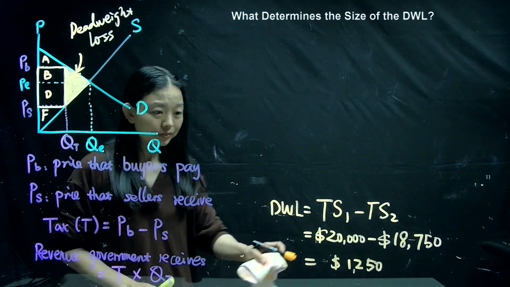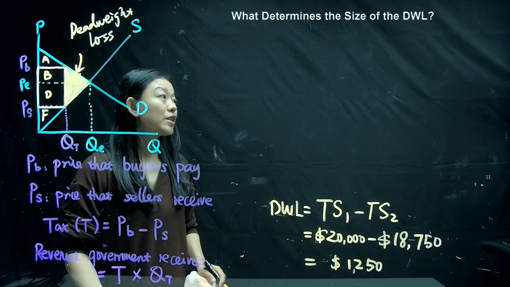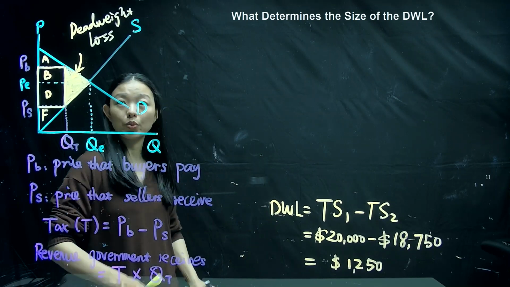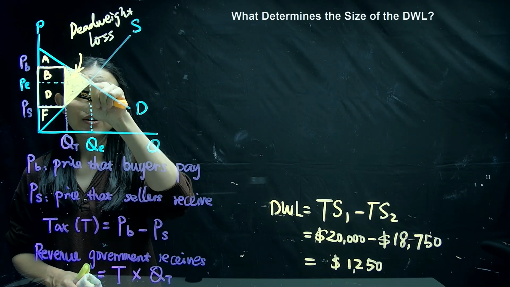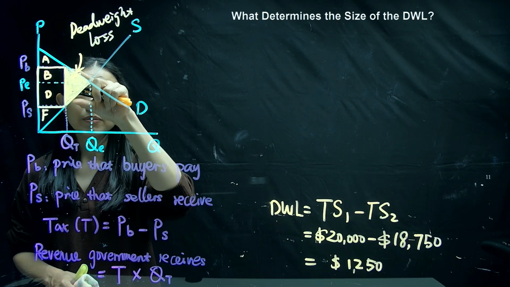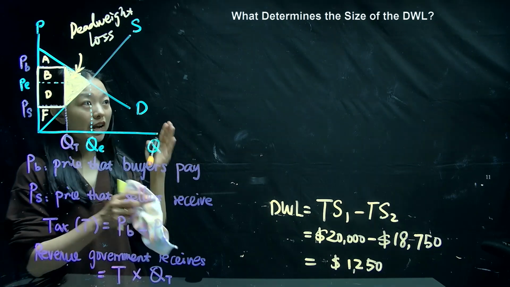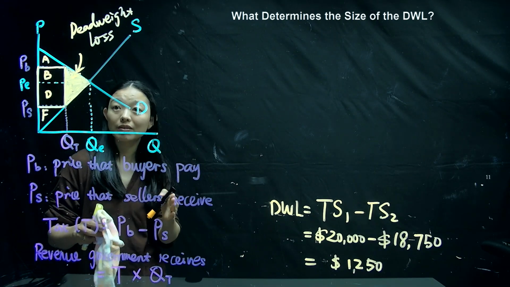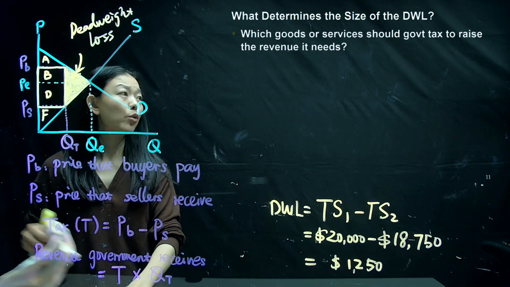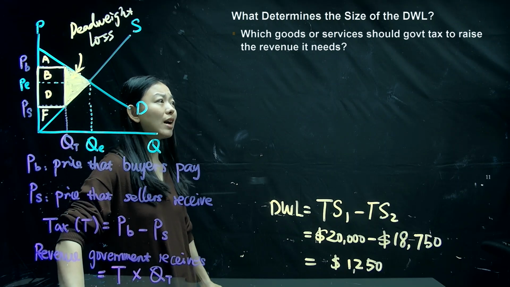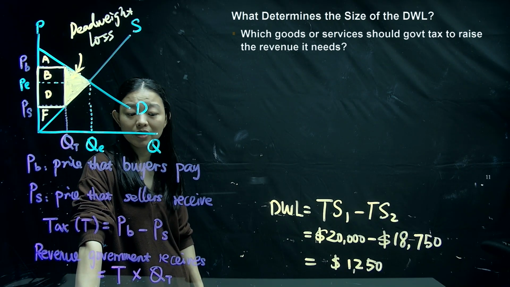All right, then we might want to ask, what determines the size of the deadweight loss? You can notice from this demand and supply curve, actually deadweight loss is this triangle between the demand curve and supply curve, right? So the shape of demand and supply curve will actually affect the deadweight loss. So which goods or services should government tax to increase the tax revenue if the government needs?